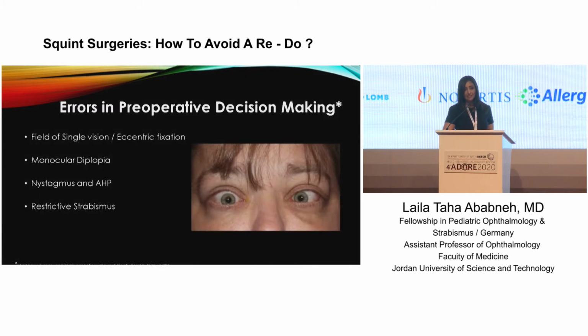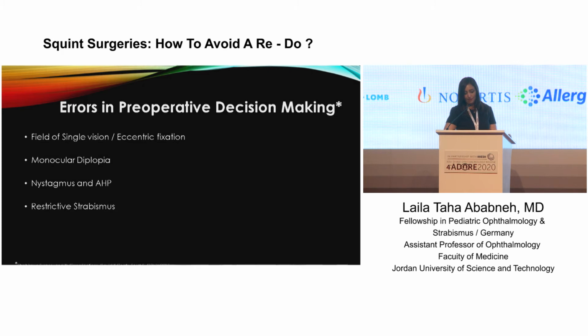In long-standing paralytic squints, we should also never forget that there could be a coexistent restrictive element from the long-standing palsy. There would be a restriction of the antagonist in the same eye, the ipsilateral.